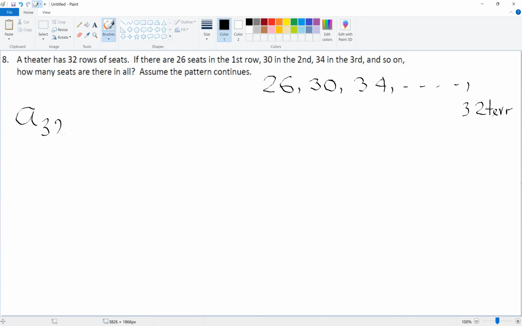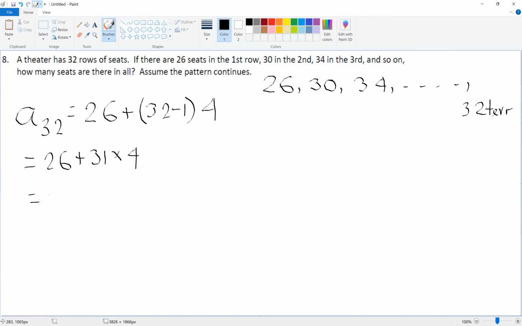So it would be U32 equals 26 plus 32 minus 1 times 4, which would be 26 plus 124, which is 150. Yep.